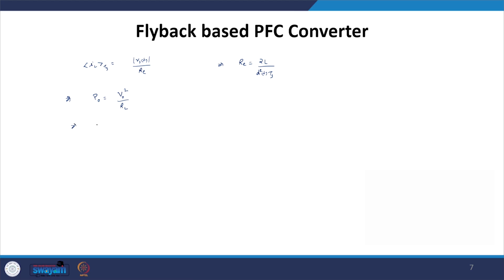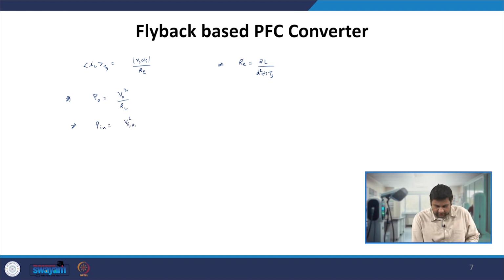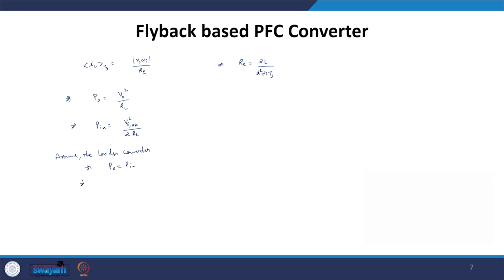Similarly, my input power is nothing but Vs peak square divided by 2 R equivalent, and we can assume a lossless converter, that means there are no losses in the converter. That implies P naught is equal to P in, and that's when we can write RL by RE is equal to 2 V naught square by Vs peak square.